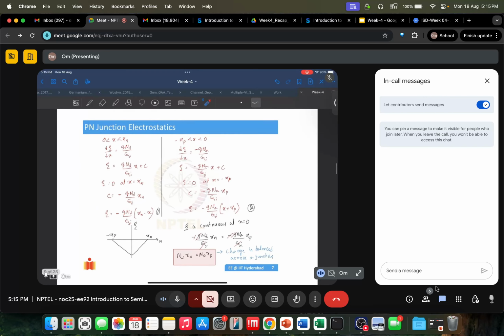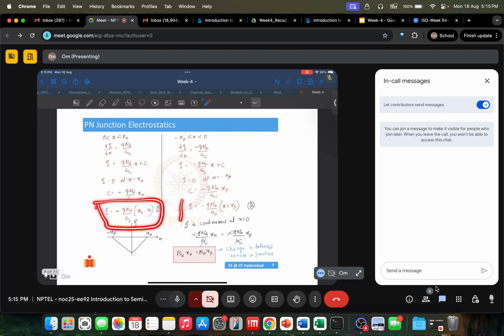So this is just the derivation of the electric field. To solve it, we get this electric field on this side and this on this side. The electric field is continuous at x equals 0, which gives us the charge neutrality condition, NdXn equals NaXp.